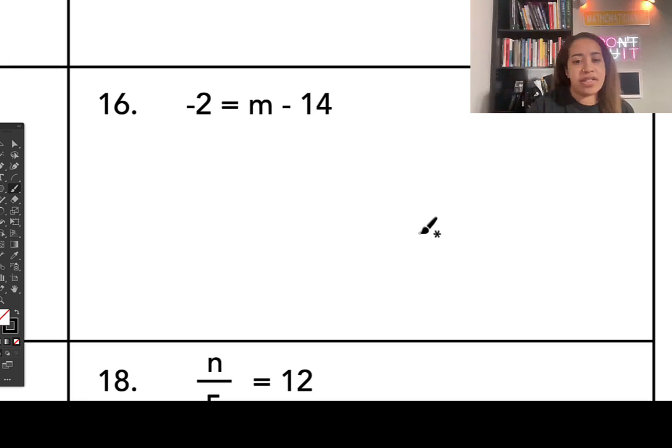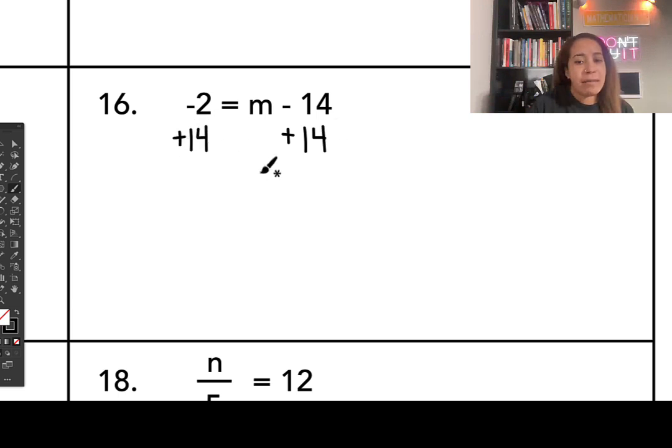Here is number 16. We find our variable, and this time it's on the right side of the equal sign. We see subtraction, so we should do the opposite to both sides, and the opposite of subtraction is addition. We're going to add 14 to both sides of the equal sign.